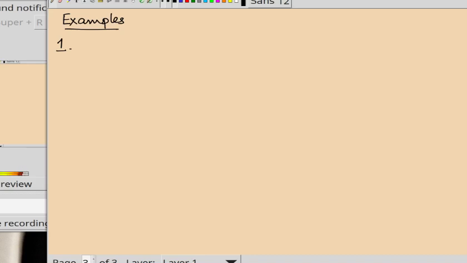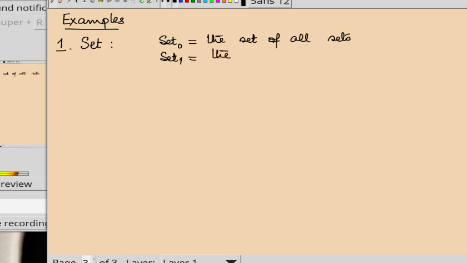So we had in our mind the category of sets, for instance. In this case, set 0 is just the set of all sets. Set 1 is the set of all functions.